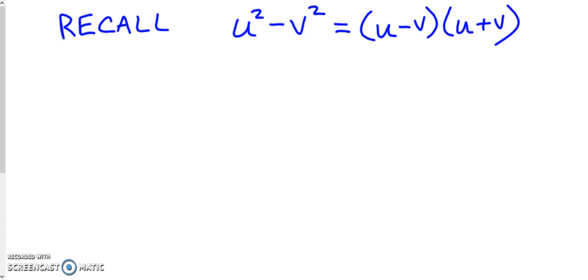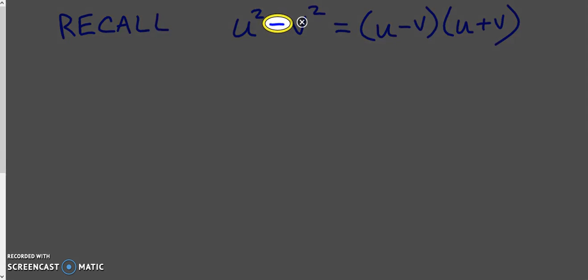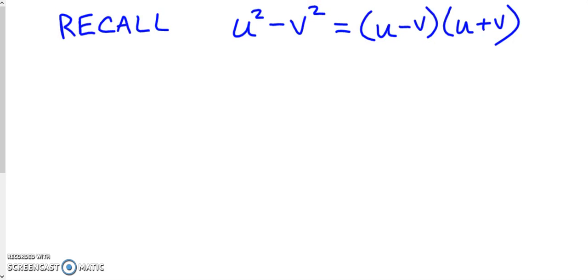And so this is called the difference of two squares, mostly because you've got a square there and a square there with a minus between them. So, anytime that you have a perfect square minus another perfect square, you can factor it in this fashion.